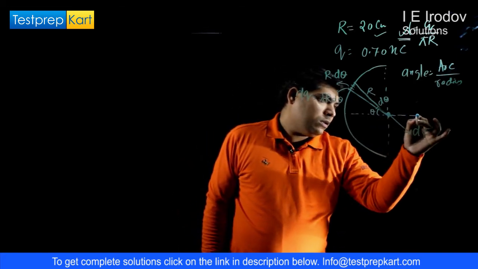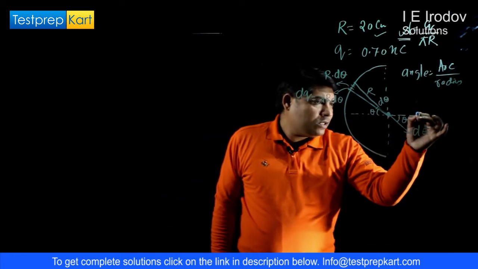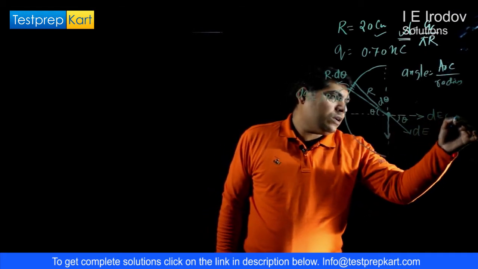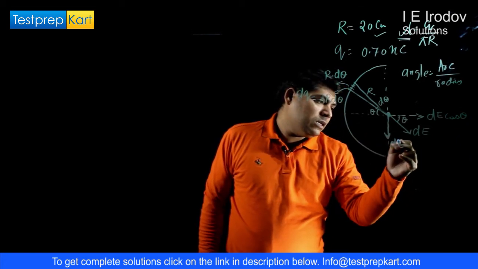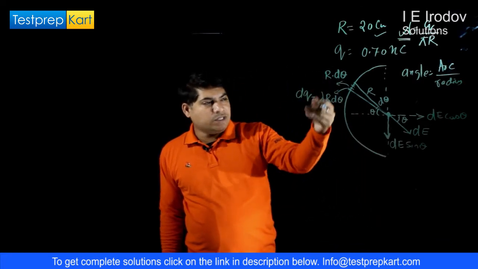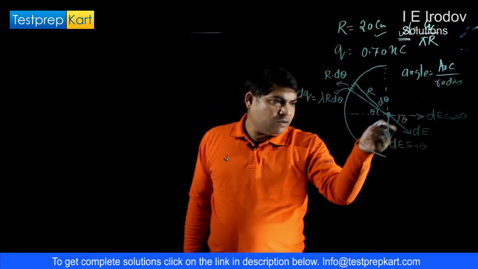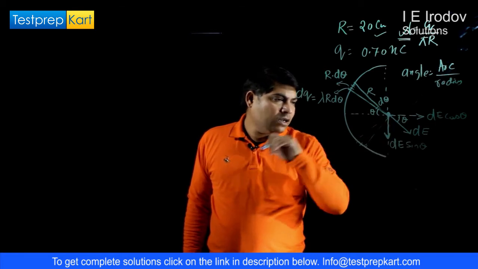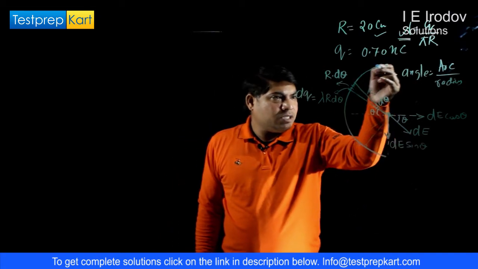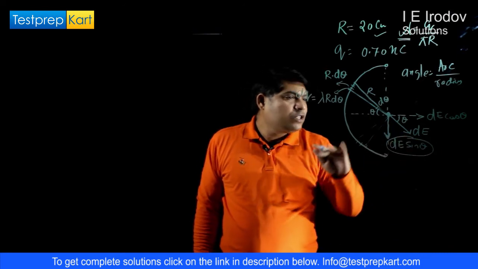This will also subtend an angle theta because these are alternate angles. So this dE will have two components: one is dE cos theta, another is dE sin theta. Now see, whenever you get a situation which is symmetric about a point or a line, either you can perform two integrations by taking components, or by simple analysis you can see that as we move from this end to this end, the vertical component, dE sin theta, changes its direction.